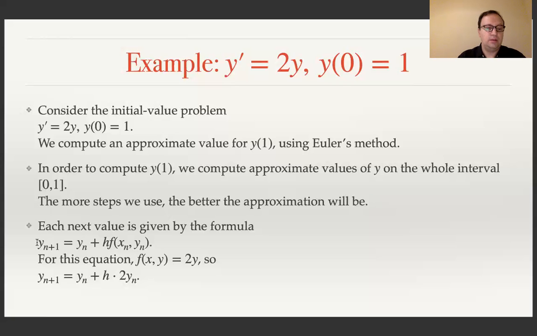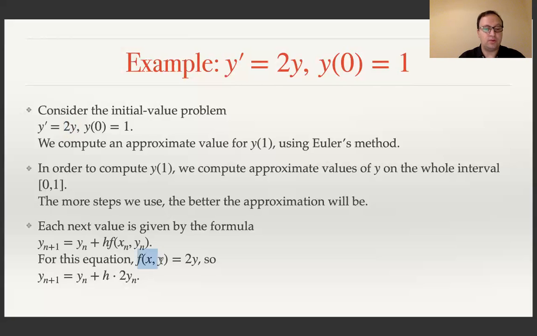So Euler's method says that each next value, so the value yn plus 1 at the point xn plus 1, is equal to yn plus h times f of xn and yn. And here h is the step size. In our case, the function f is this very simple function 2y.